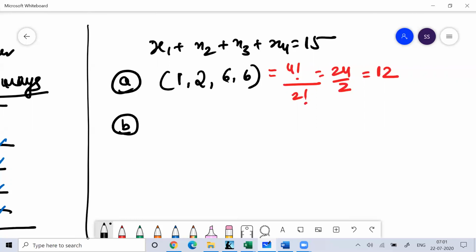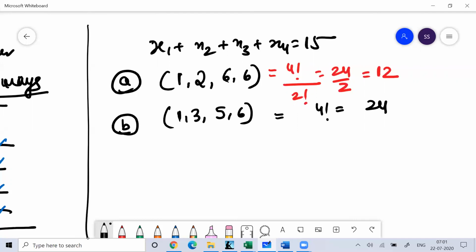So let's try 1 comma 3. If I take 1 comma 3, then I should get the remaining sum as 11. For 11, two ways are there: 5 comma 6 and 6 comma 5. This is 4 factorial, that is 24 ways.